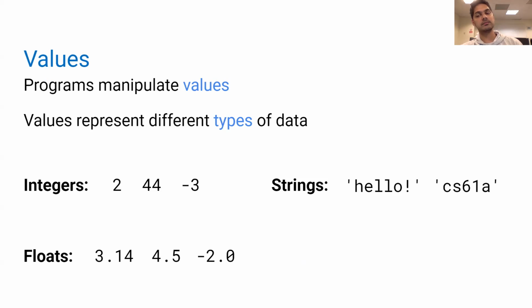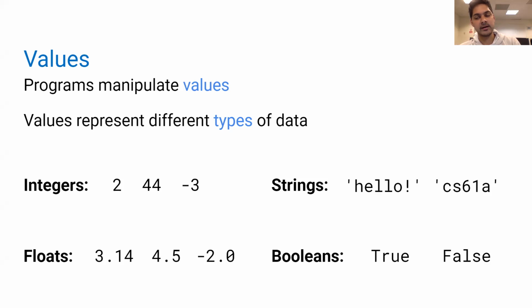Strings are like words. We have the string hello, and to start a string we use quotation marks, either single quote or double quote. CS61A is another example of a string. And we also have booleans, which are either true or false.